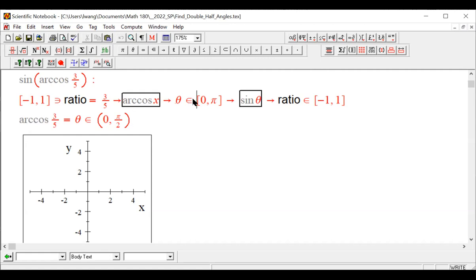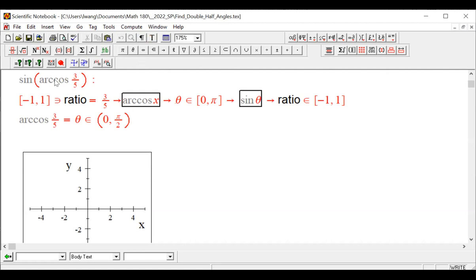So not only is it inside the range from 0 to pi, in particular, because the ratio is positive, we know the terminal is going to be in the first quadrant. This is the information we get by just looking at this piece and knowing arc cosine's domain and range.